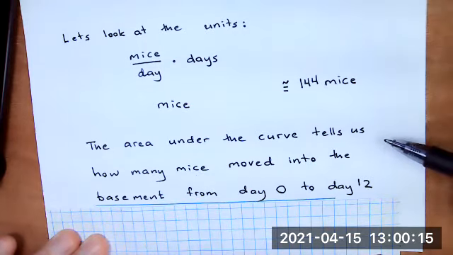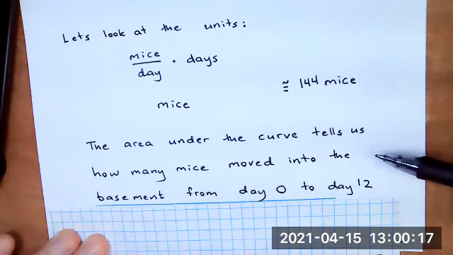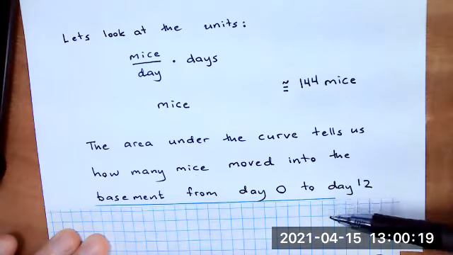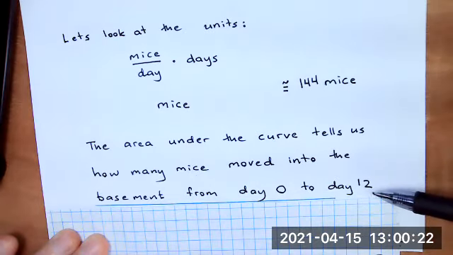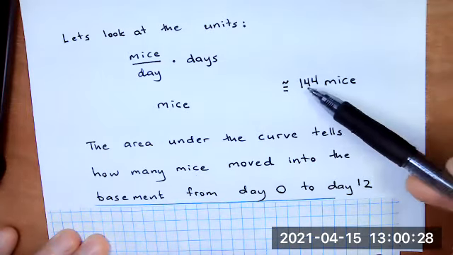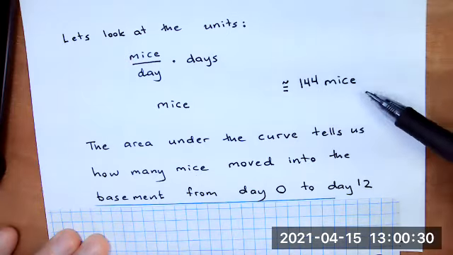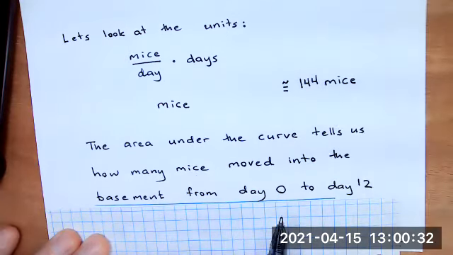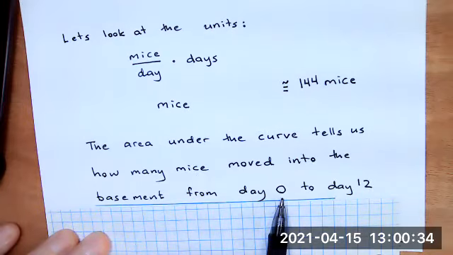So the area under that graph tells us how many mice moved into the basement from day 0 to day 12. I want to be very careful and point out that this is not the number of mice that are in the basement. We would need to know how many mice were already in the basement on day 0.